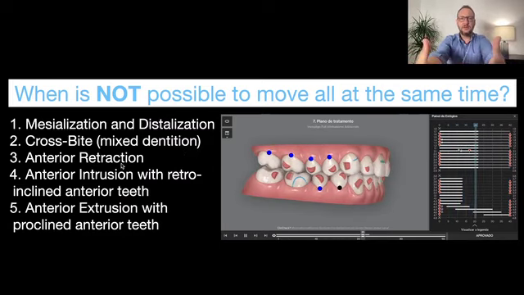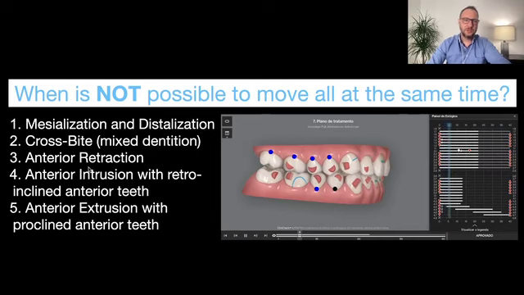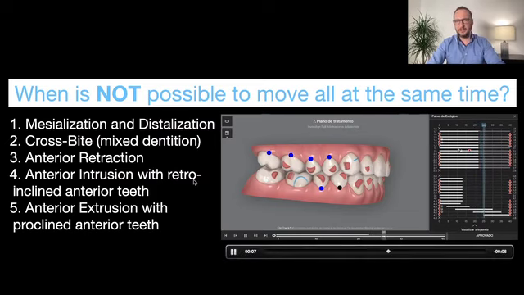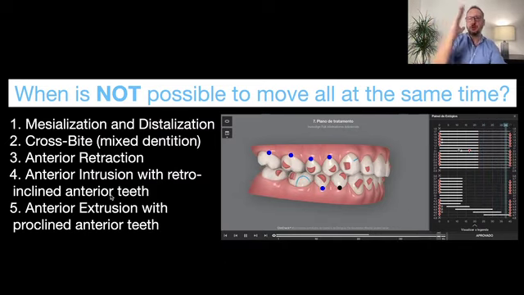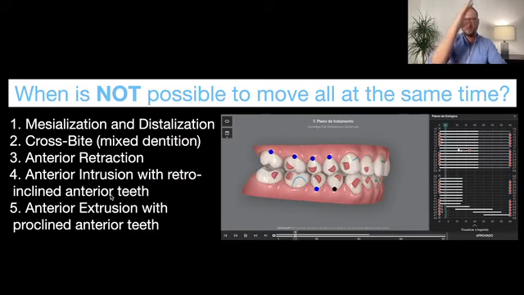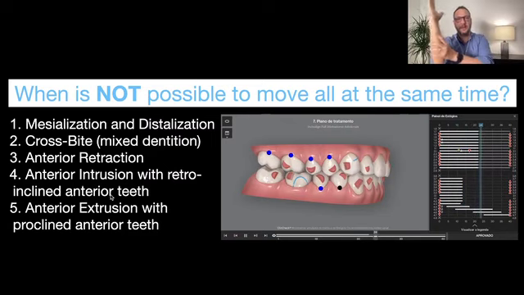Okay, for anterior retraction, so we want to move all the anteriors, all the maxilla back. Okay, so it's not possible. Anterior intrusion with retroincline. So this is something that we're going to repeat when explaining the treatments. But when we need to intrude and the crown is retroincline, if we start and the roots are out with buccal torque, we first need to correct the inclination and then intrude, okay?